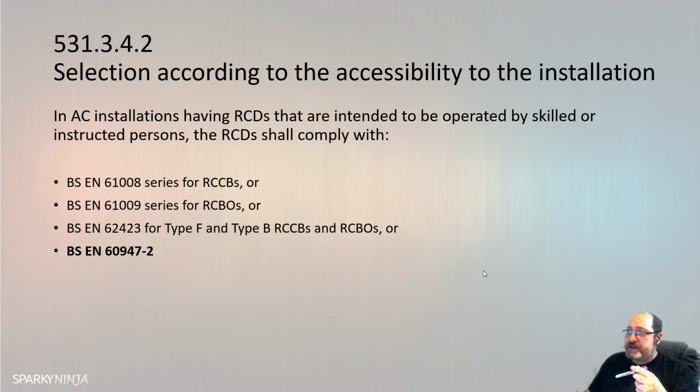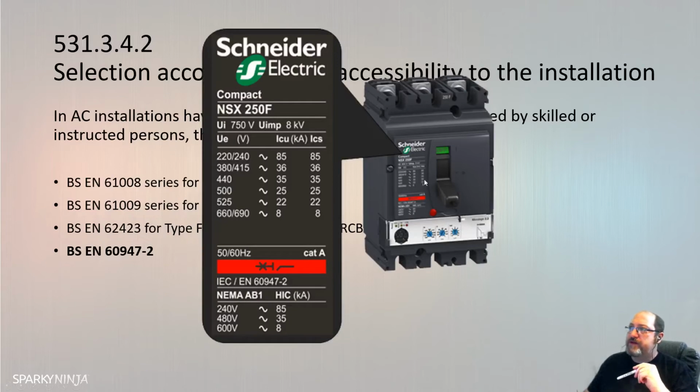Actually, it's illustrated right here. So here's a 60947-2 switch, and you've got these dials that'll adjust. There'll be factors for current, and you'll have an adjustment on your RCD to introduce a delay to achieve selectivity.